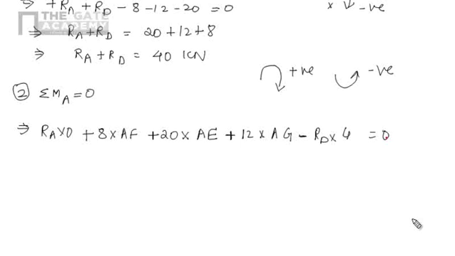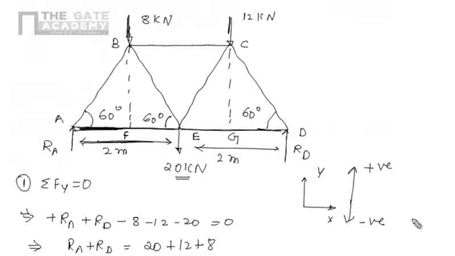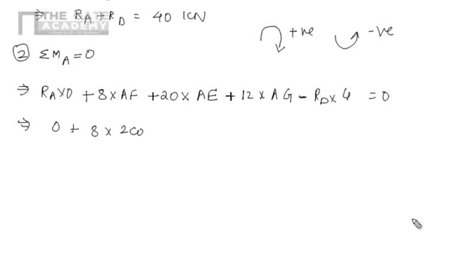So now we can easily see this thing here. The RA term is 0. The value of AF is nothing but 2 cos 60. The value of AF is nothing but 2 cos 60, right?